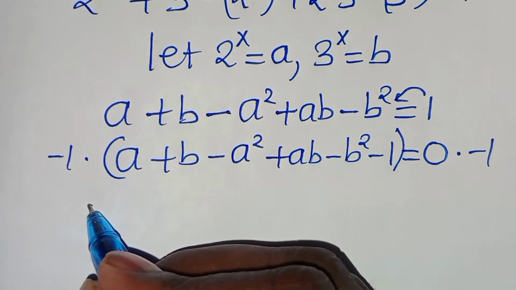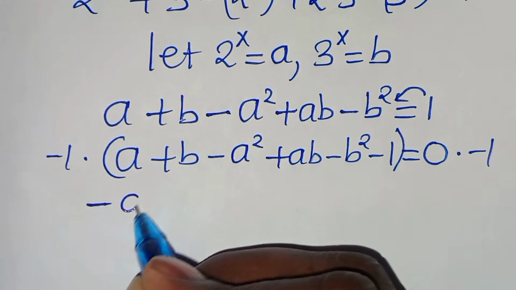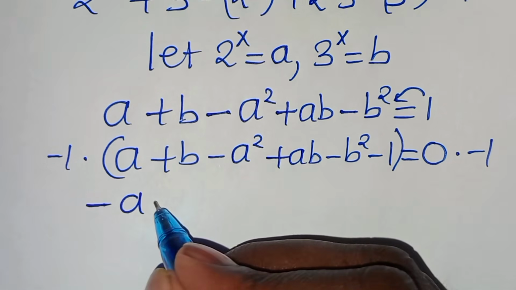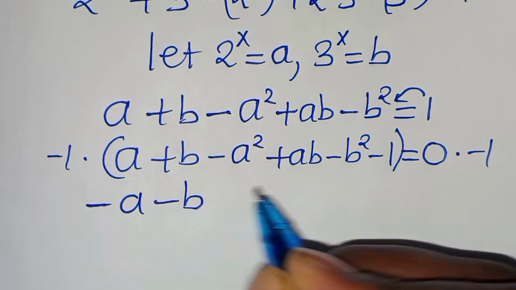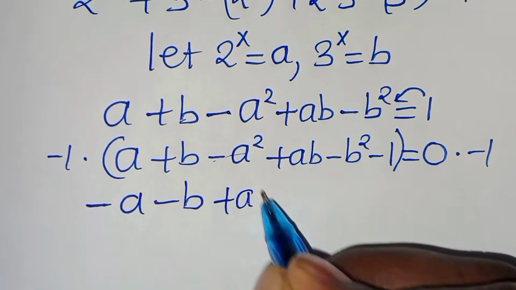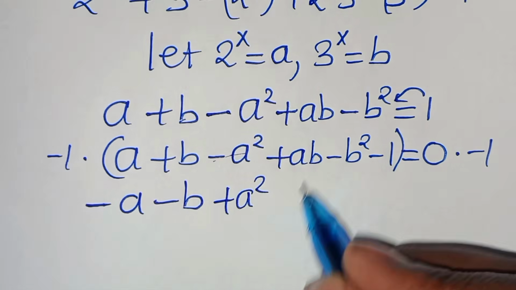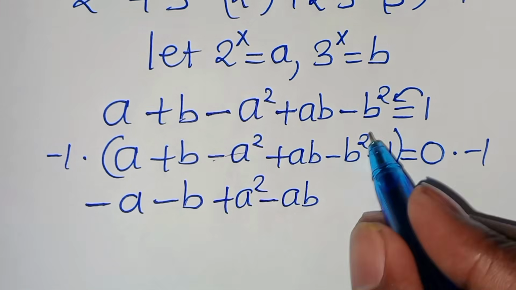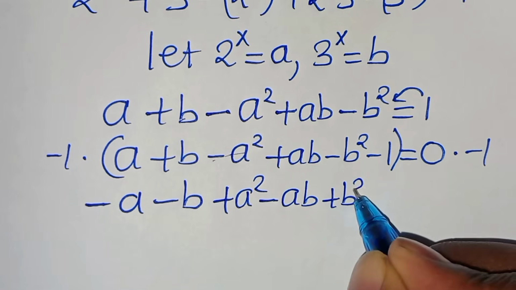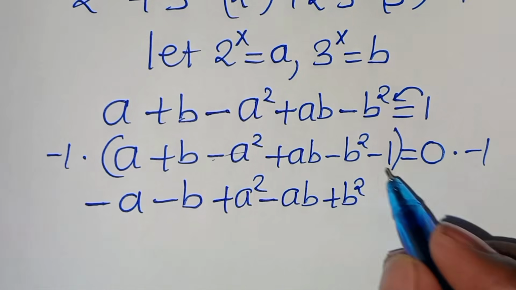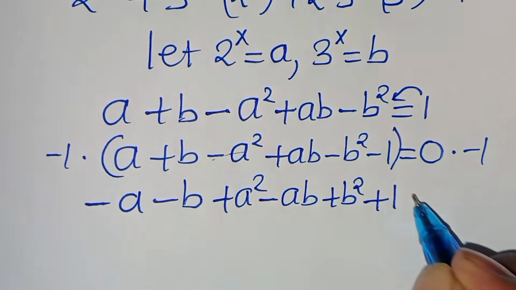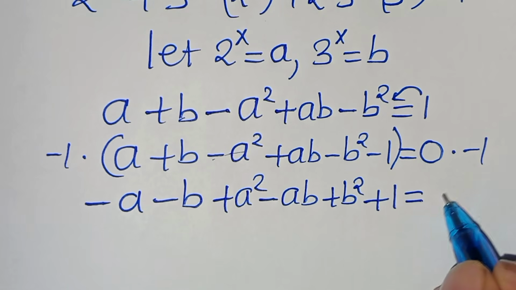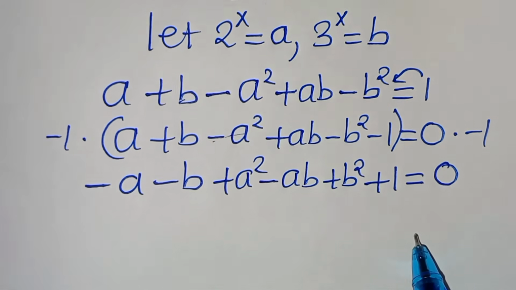This is the same thing as negative a, then minus b, then plus a to the power of 2, minus times plus ab, this is minus ab, then minus times minus b squared, this is plus b squared, then minus 1 times minus 1, this is plus 1, and this is equal to 0 times -1, which is 0.